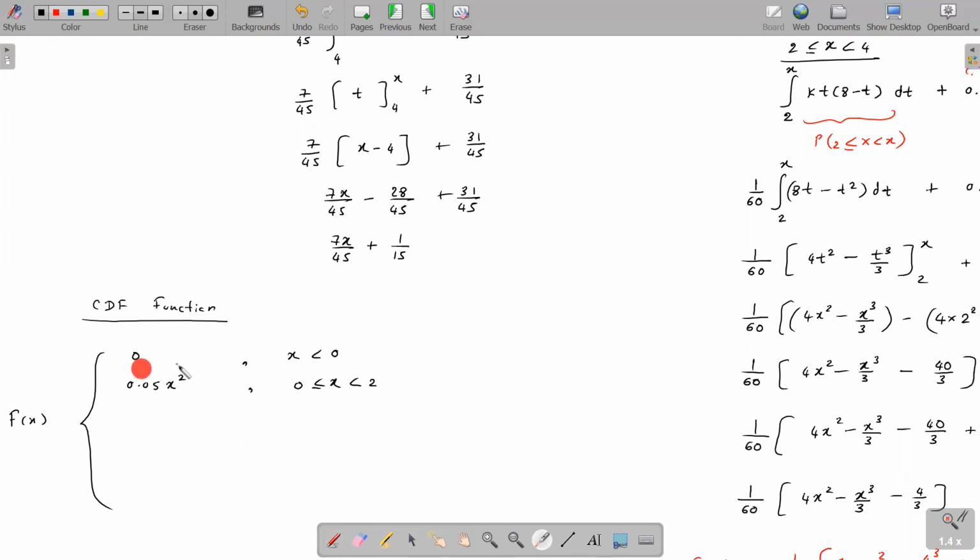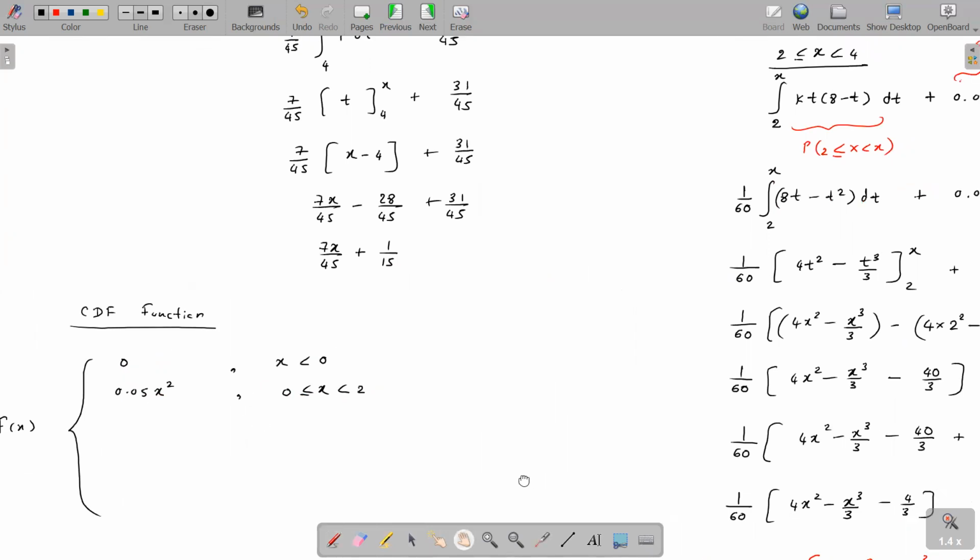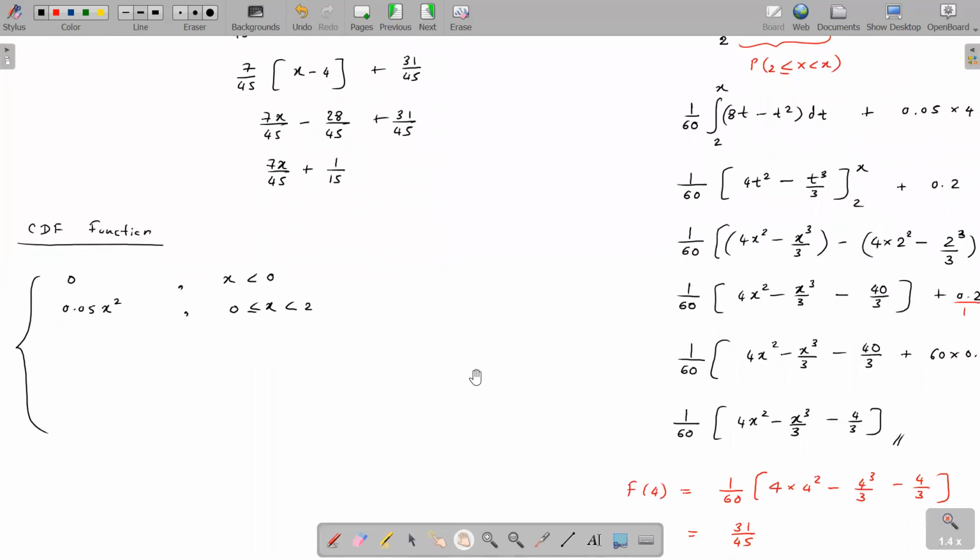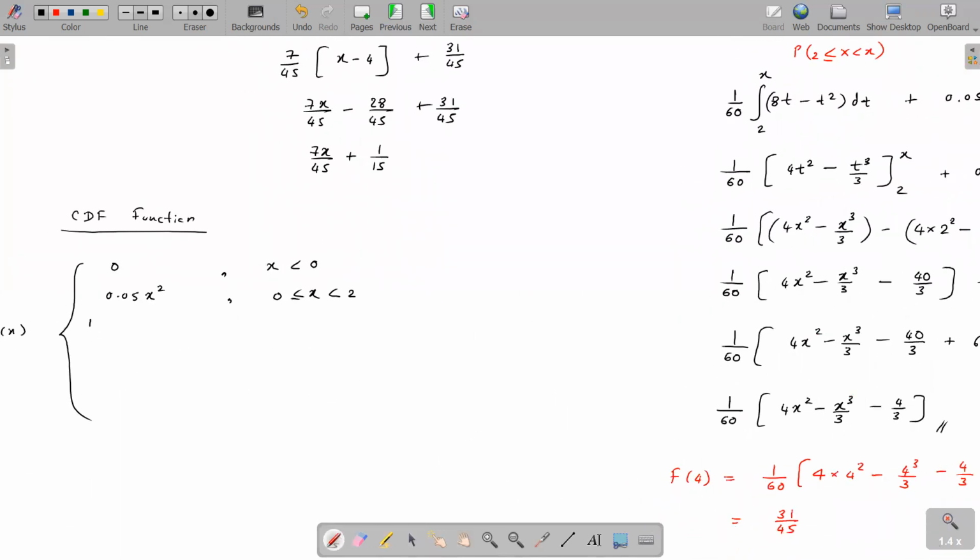That's how it should be. For x values between 0 and 2, 0.05 x squared. Next, for x values between 2 and 4, we got the CDF as 1 over 60 times (4x squared minus x cubed over 3 minus 4 over 3).